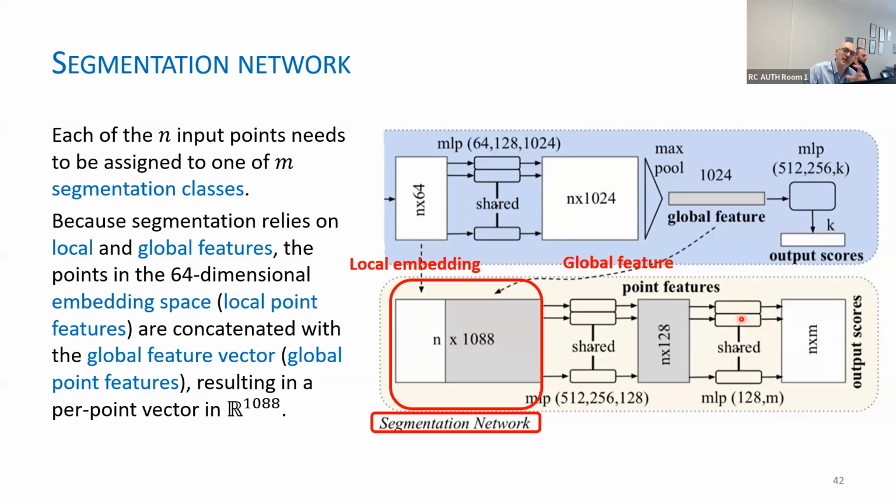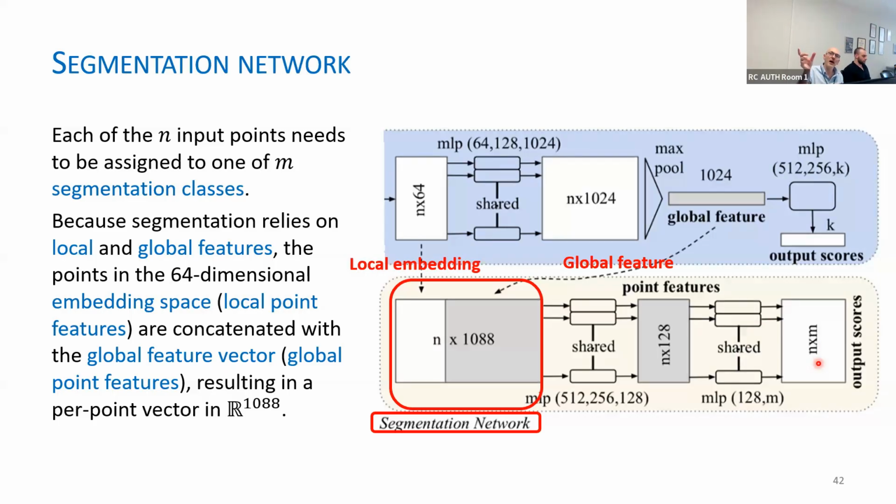In this case, it is tailored so as to have as an output a matrix whose rows are the number of points, n, and whose columns are the number of classification labels, m.